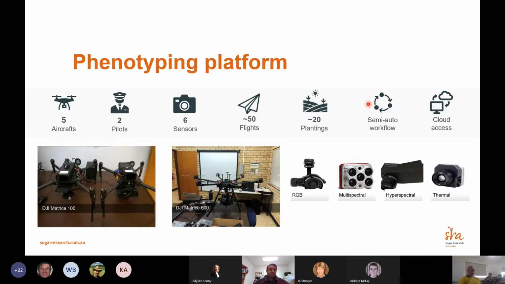Now, in terms of the phenotyping platform that we have here at SRA, it's mostly based on multirotors such as these. Now, the drones can be either multirotor or fixed wing, and again, they have their own pros and cons. A fixed wing can have a much more stable flight and can fly for longer, whereas multirotors such as these are easier to operate and can have a vertical takeoff and landing.